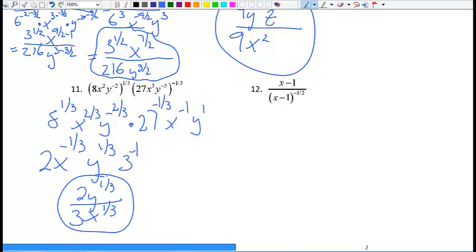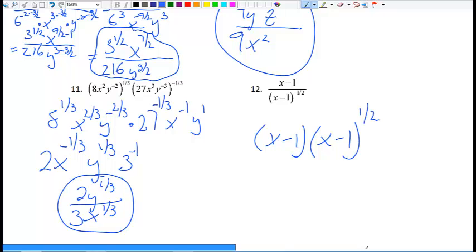All right, and last but not least, number 12 here. I'm going to bring up x minus 1 to the negative 1 half out of the denominator to a positive. So that'll make it x minus 1 times x minus 1 to the 1/2 power.